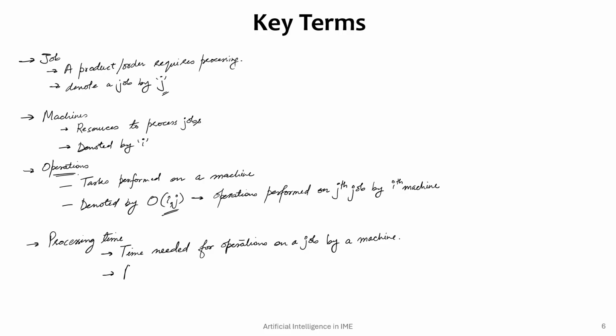This is denoted by P i comma j. Okay, and this is the time taken by the ith machine for the jth job.